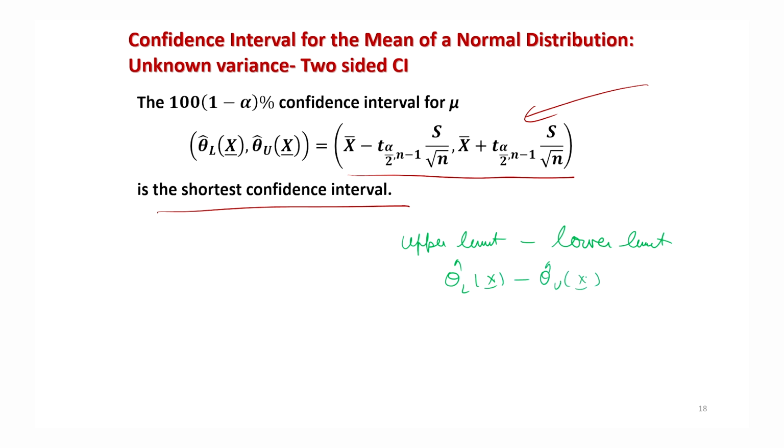So in this case, x bar plus t alpha by 2, n minus 1, s by root n, minus x bar plus t alpha by 2, n minus 1, s by square root of n. So this x bar gets cancelled out, and the length of this confidence interval comes out to be t alpha by 2, n minus 1, s by root n, right. So this is the length of the confidence interval.